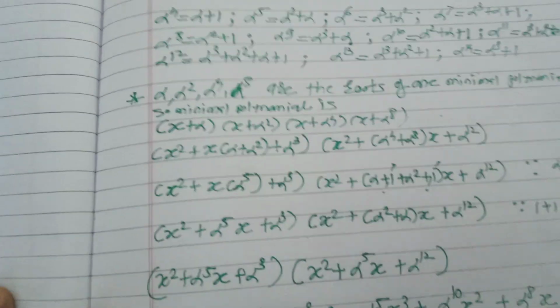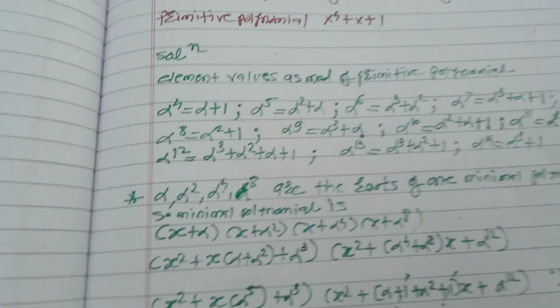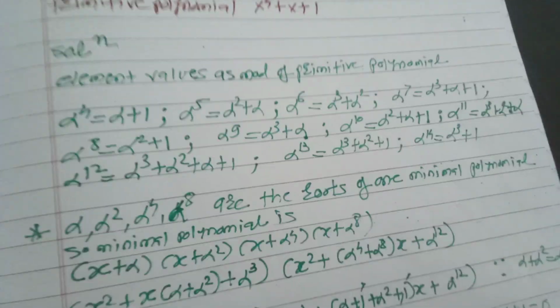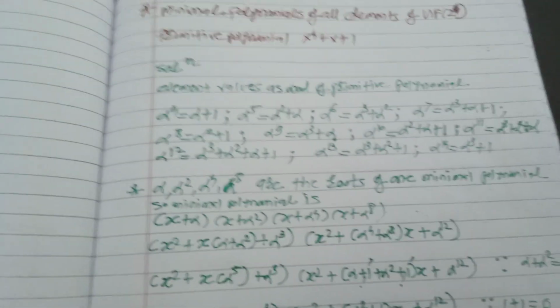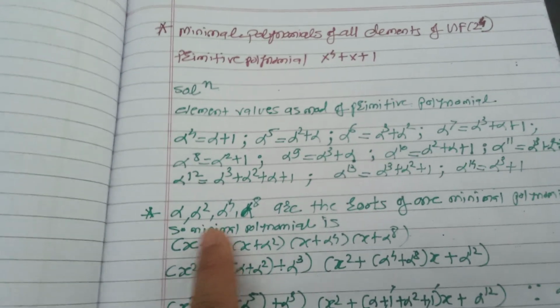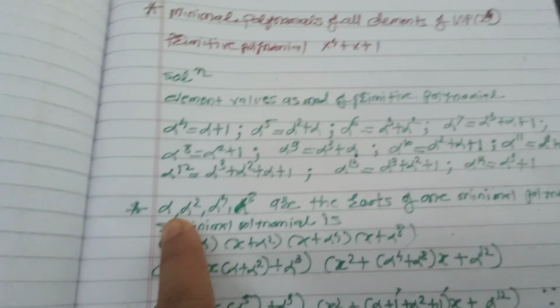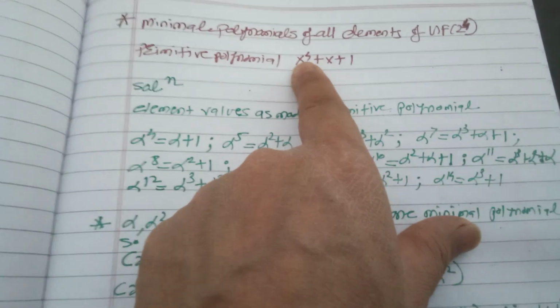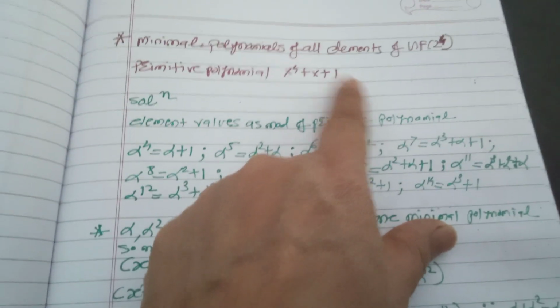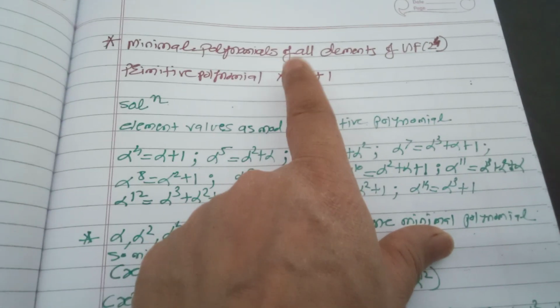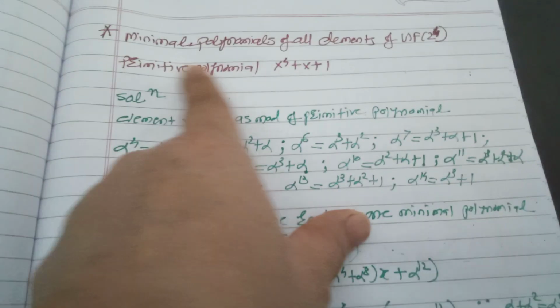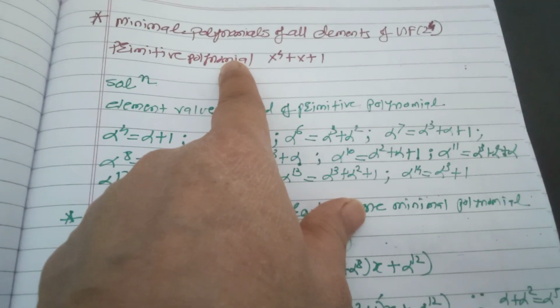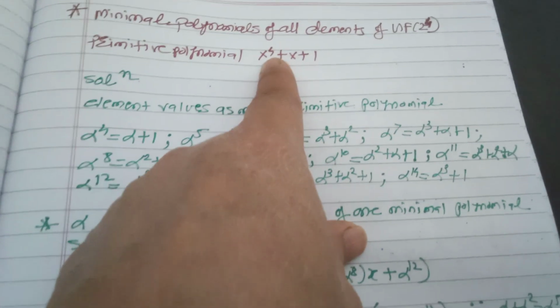So here you can directly write, or if there is an objective question, you can directly write the set where alpha is there, its minimal polynomial is x raised to 4 plus x plus 1. You should get this one only. Why? Because you know that primitive polynomial is also a minimal polynomial, but it has root alpha.